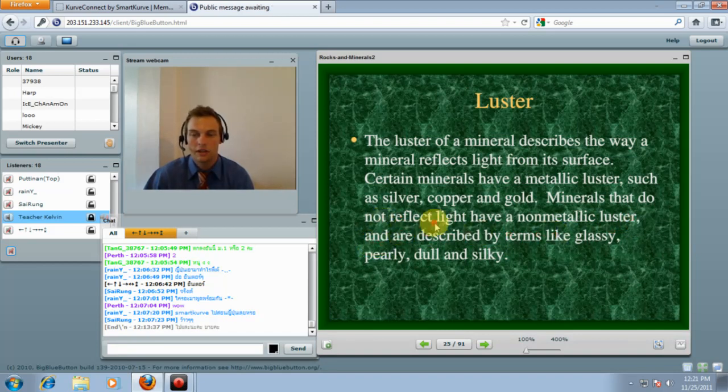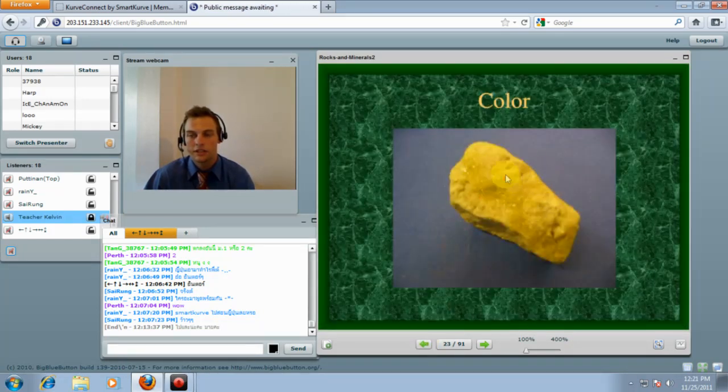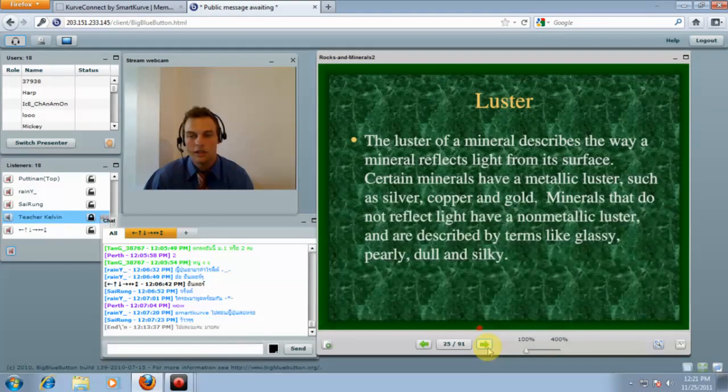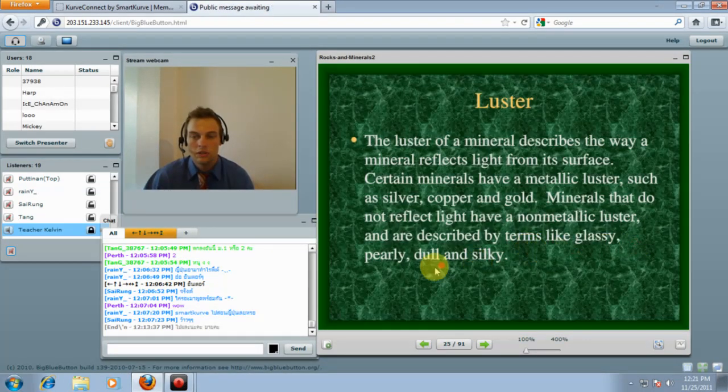There are other ones that are non-metallic. They look really dull. This thing, it's kind of glistening. It's kind of shiny. This is kind of reflective. Glassy, so quartz is kind of glassy, looks kind of like glass. Pearly, dull, silky means kind of opaque, cloudy looking.